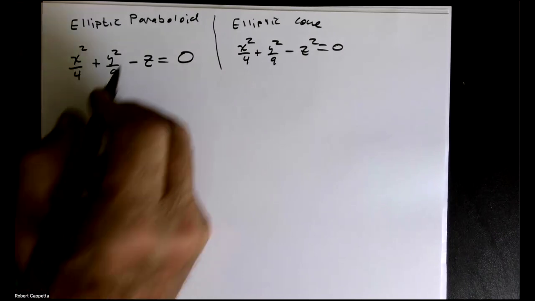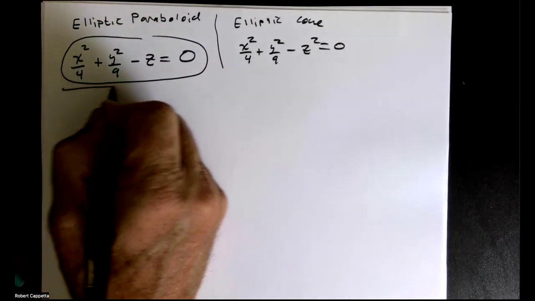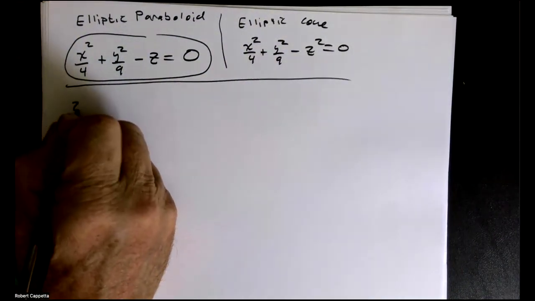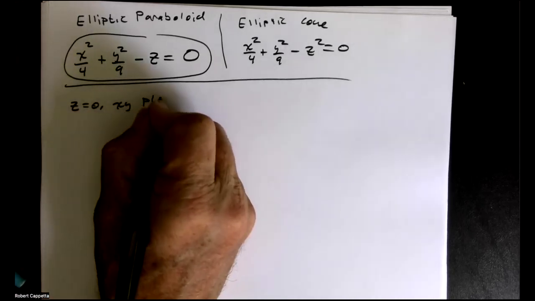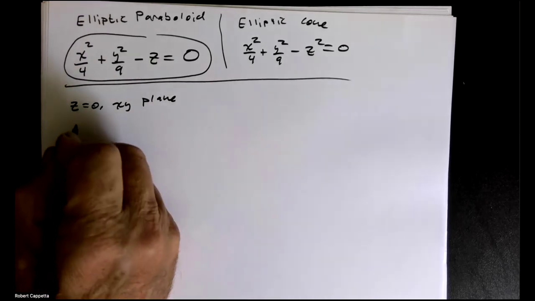So what is this elliptic paraboloid going to look like? Let's first take a look at what's happening in the xy plane. If z equals 0, we're looking at the intersection in the xy plane. In that case, what do we get?